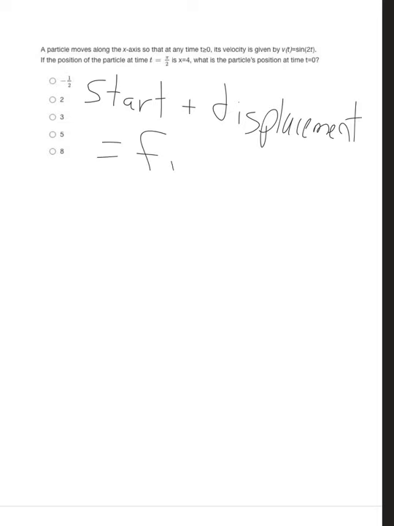And so the way I like to think about this is we would have your start plus displacement equals finish. Because that's what displacement is.